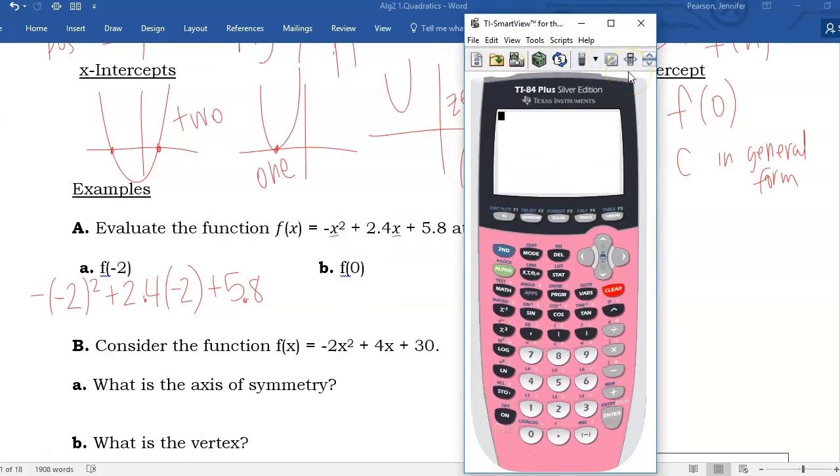If you don't have a calculator that you can type in the entire thing, you can still do order of operations by yourself, like -2 squared, and then negative that, 2.4 times -2, and then add all three terms together. But with my calculator, just checking to make sure I typed it right, and I get -3.